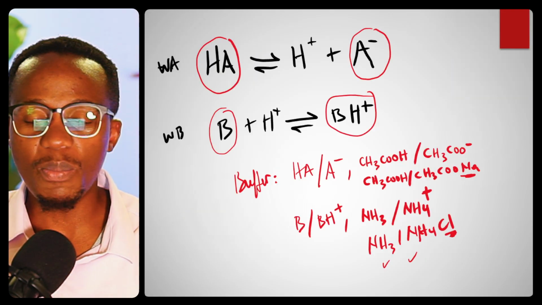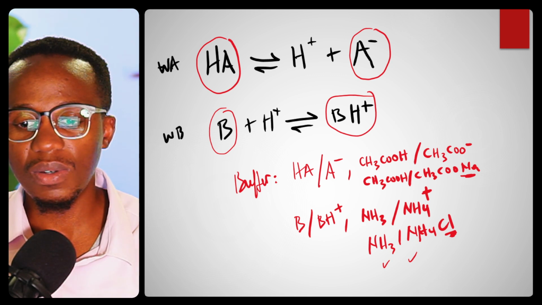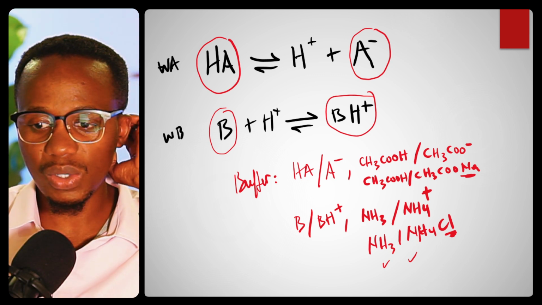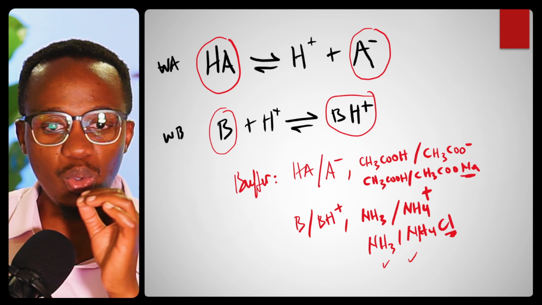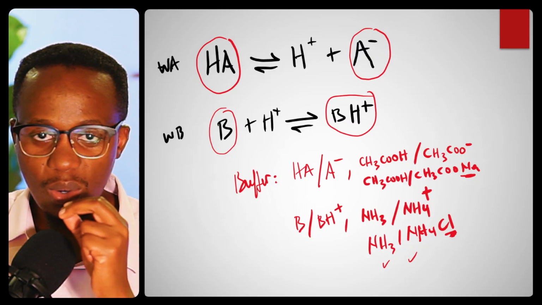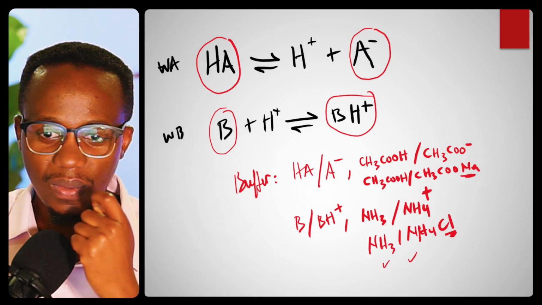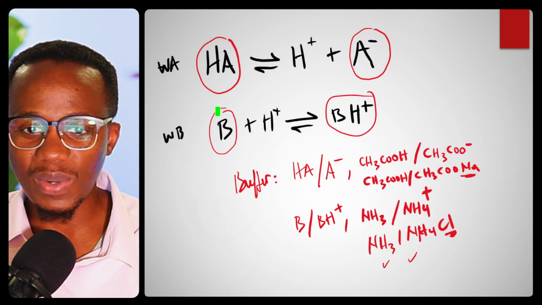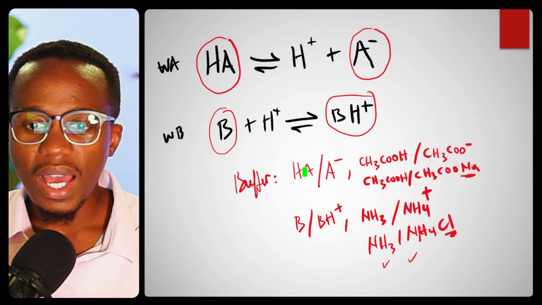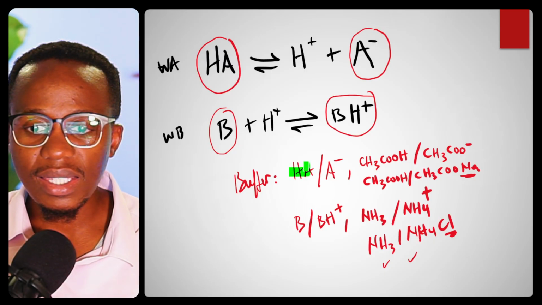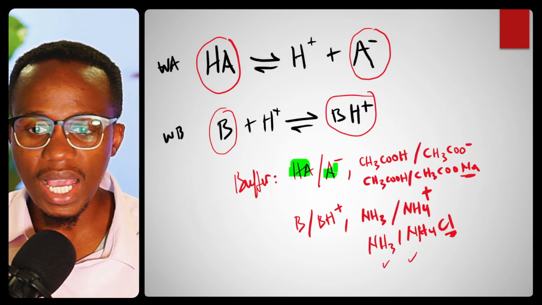Now I'm going to show you what happens when you add a strong acid or a strong base to a buffer. And you might already have guessed it. A buffer has an acid entity and a base entity.